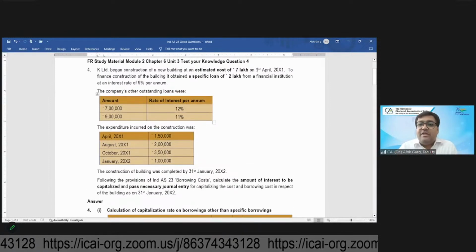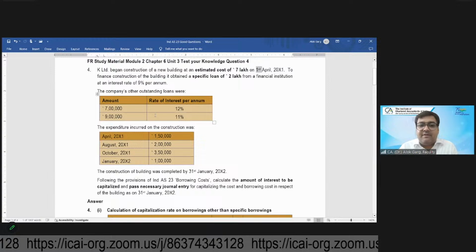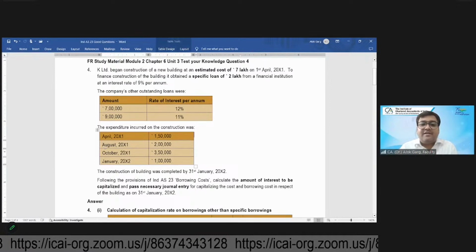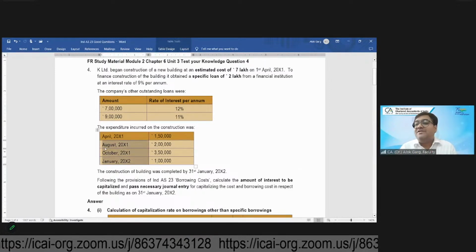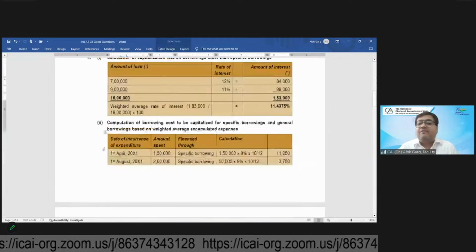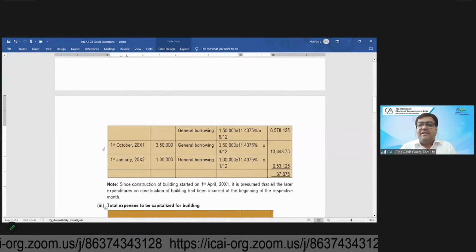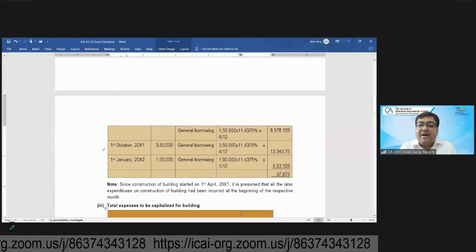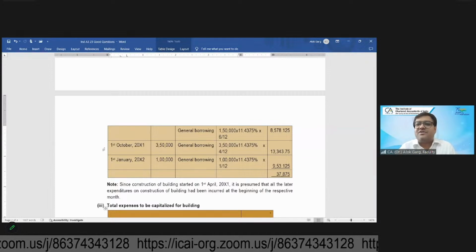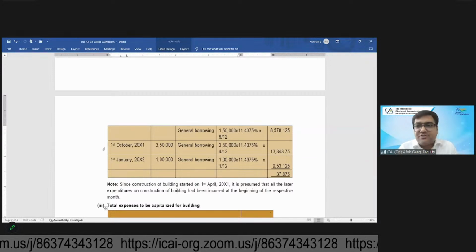The date was only given for the first case, which is 1st April, but for the remaining period, it is August, October, and January only. That is why one of the notes put in this question is we have assumed that the construction cost has been incurred on the first of the month.